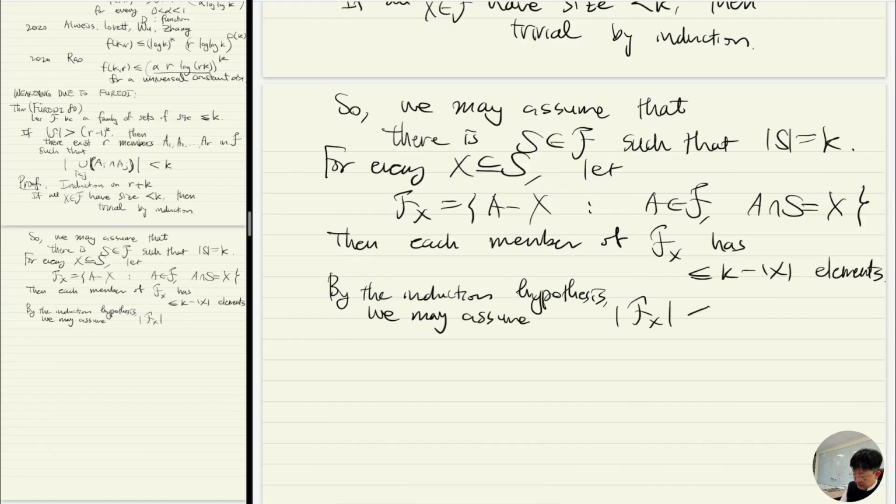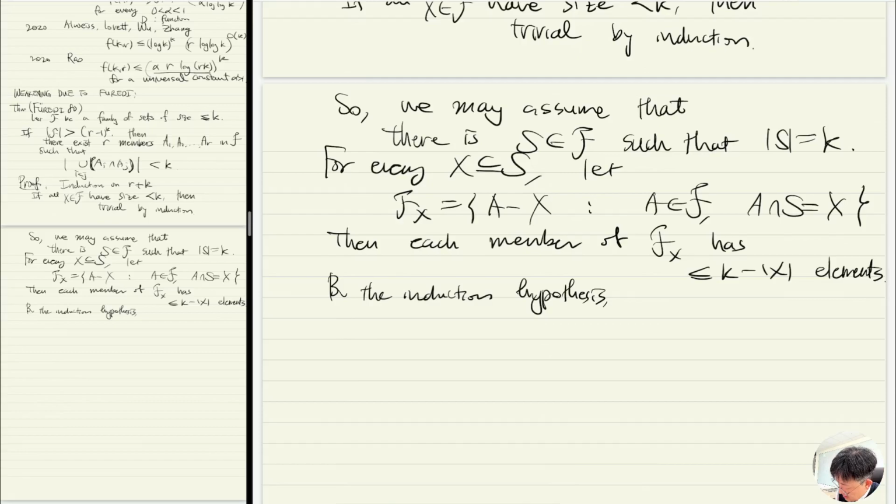the size of f(X) is at most (r-2)^(k-|X|), because we are reducing the parameter.